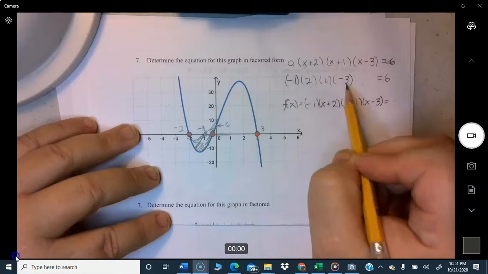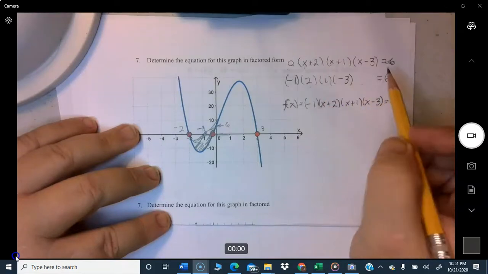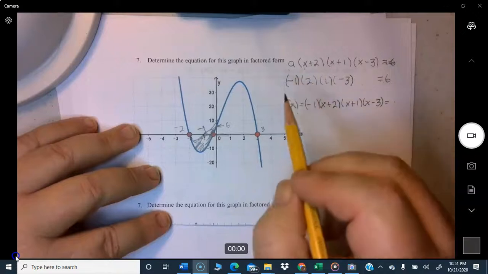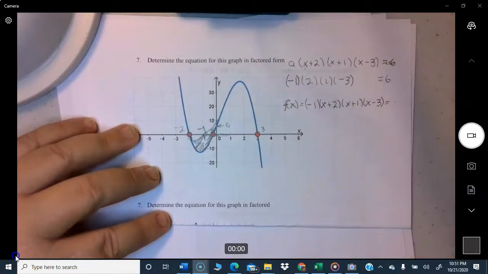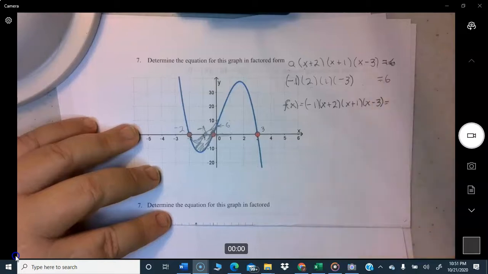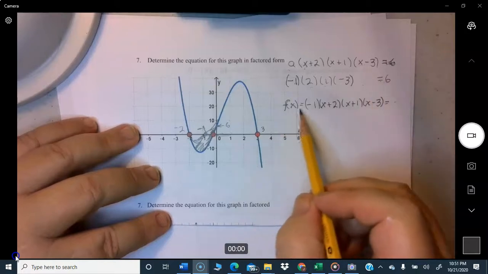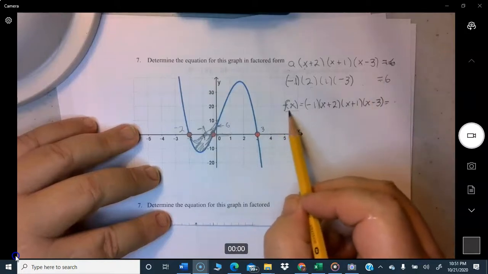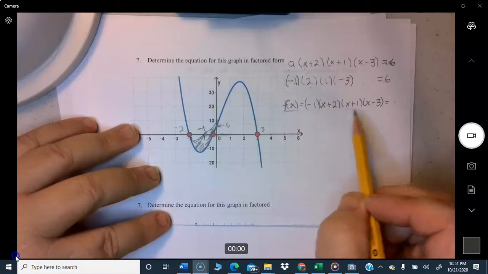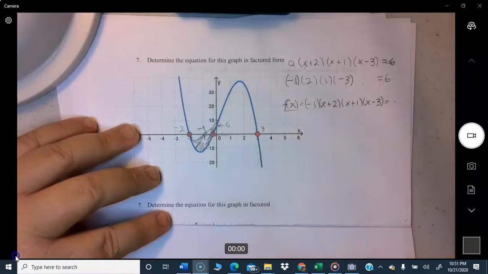When you multiply those together, you get -6. But you're supposed to get +6. So therefore, this value of a has to equal -1, times -6 to give you +6. So the final equation is f of x equals -1 times x plus 2, x plus 1, x minus 3.